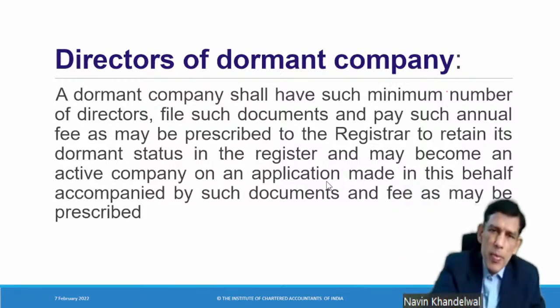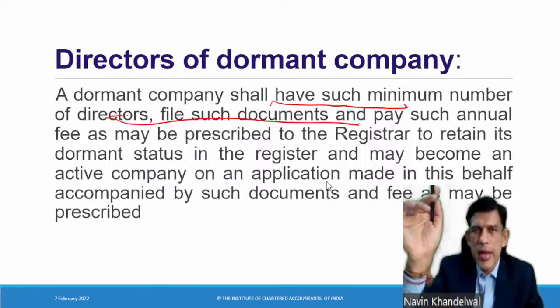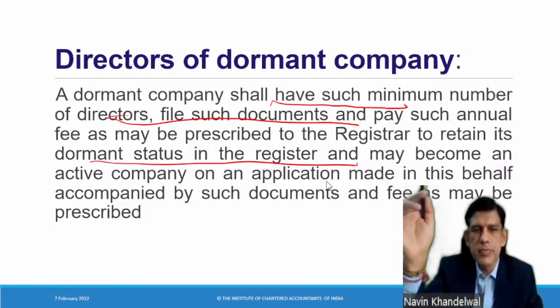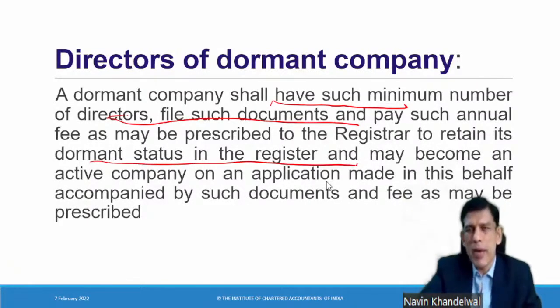So a dormant company shall have such minimum number of directors as may be notified, file such documents and pay such annual fees as may be prescribed to the registrar to retain its dormant status in the register, and then become an active company on an application made on this behalf.